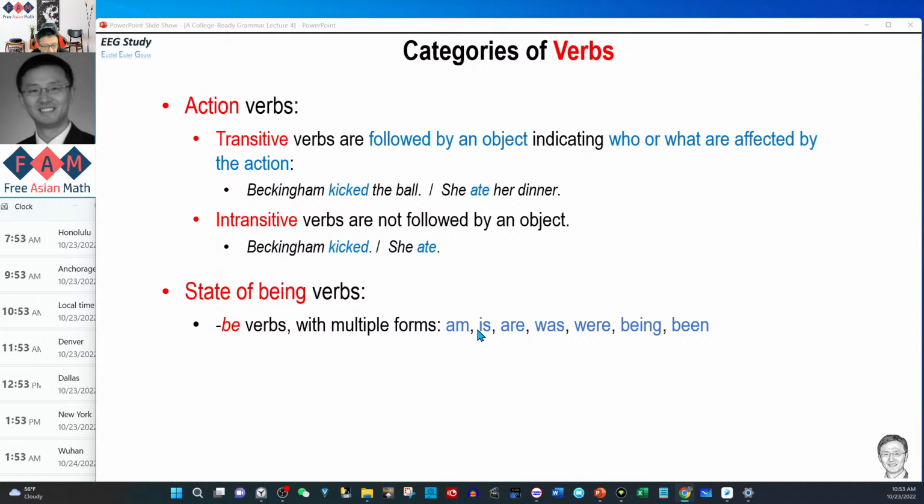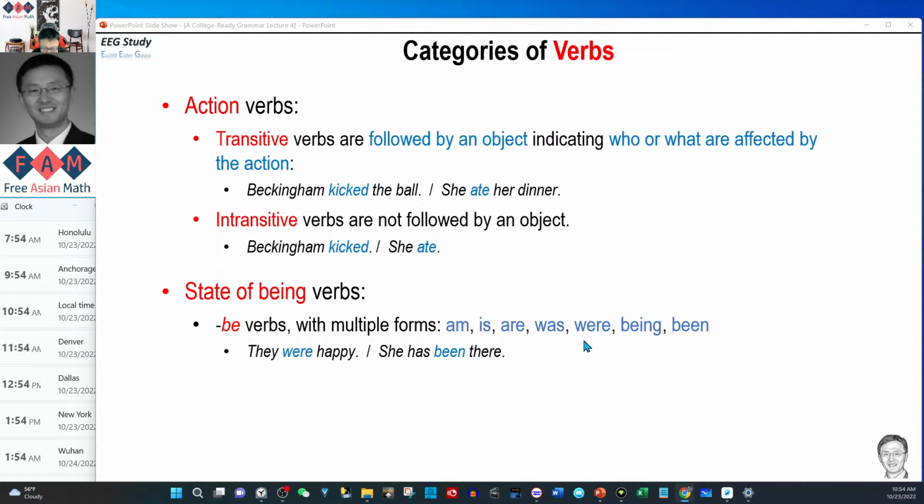Am, is, are are all just different forms of it. So was, were, being, used in the progressive tense, and been, usually used in the perfect tense. We will study tense later. Okay, so be verb and linking verb. Be verb: they were happy.